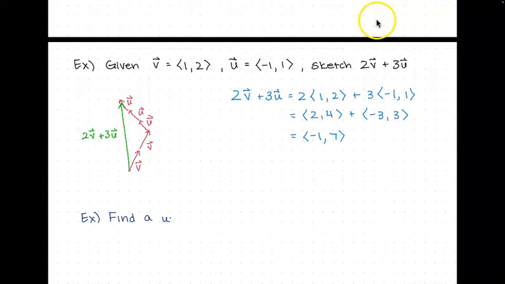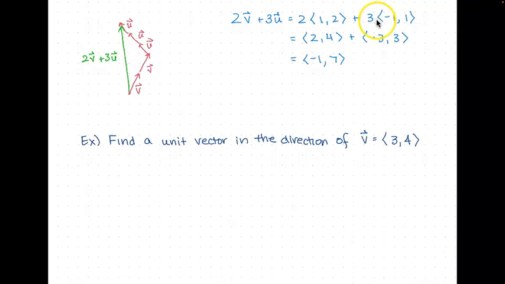Find a unit vector in the direction of vector v, which has the components, I'm just going to make it easy, 3, 4. Anytime you hear the word unit in math, what number should you think of? 1. So a unit vector is a vector with a magnitude of 1.